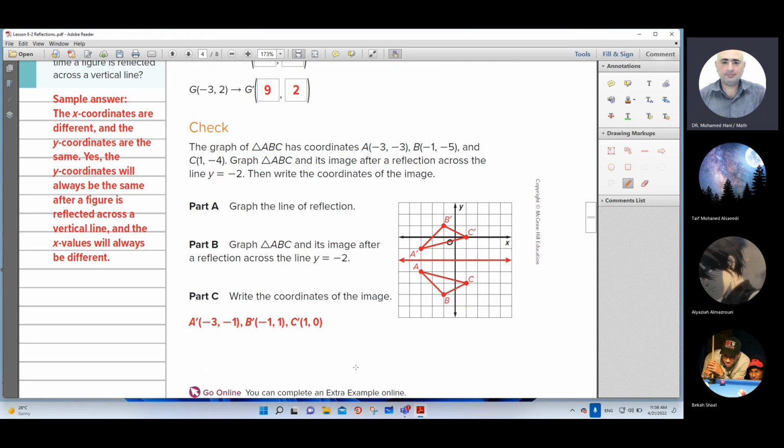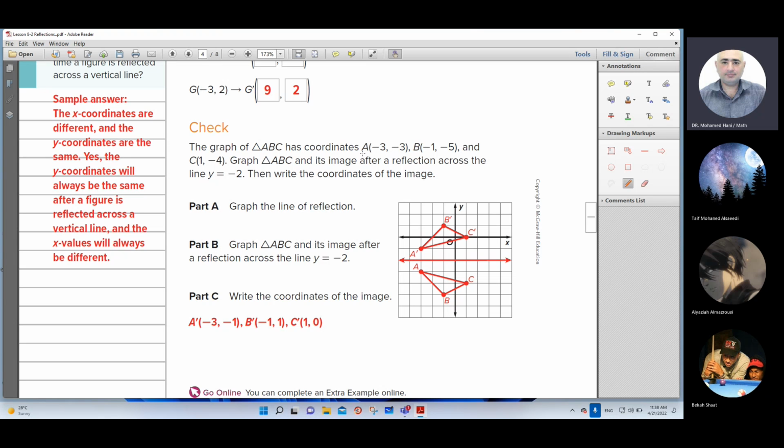Here is the same idea, but here we have the line of reflection parallel with the x-axis. If the line of reflection is parallel with the x-axis, when you compare the points, we have the same x but different y.